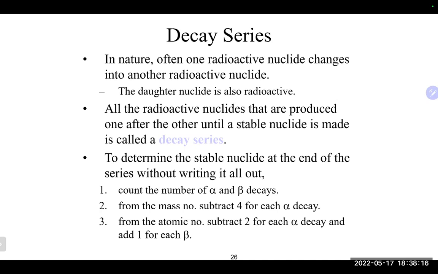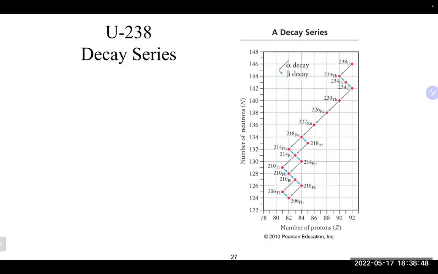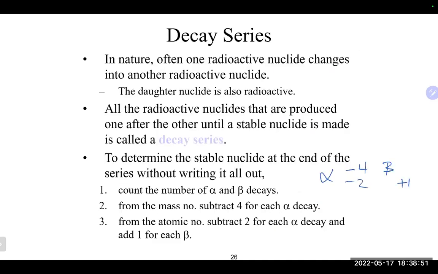You also can, if you're just curious what you get at the end of the process and it's all alpha and beta decays, subtract 4 from the mass number and 2 from the atomic number for every alpha decay, and for every beta decay, add 1 to the atomic number. You can just figure it out at the end. So let's just say we had uranium-238 there.